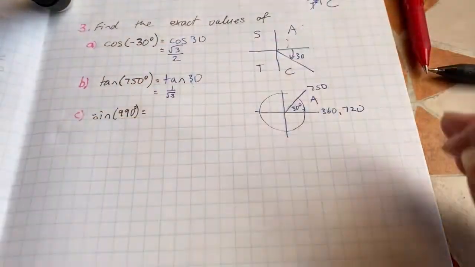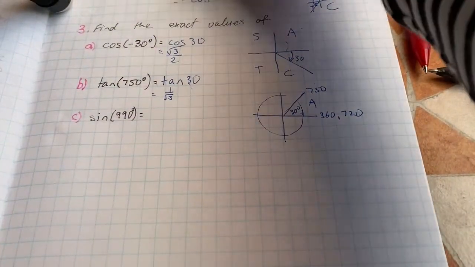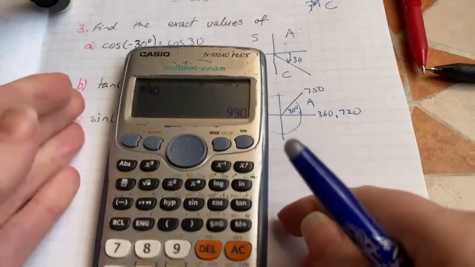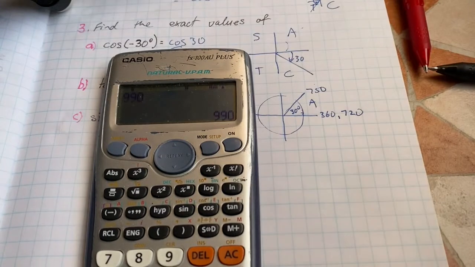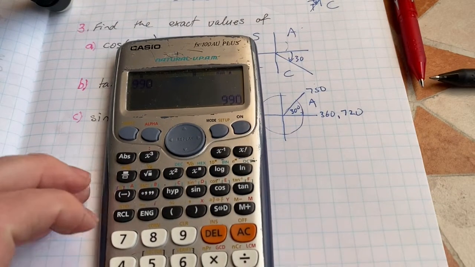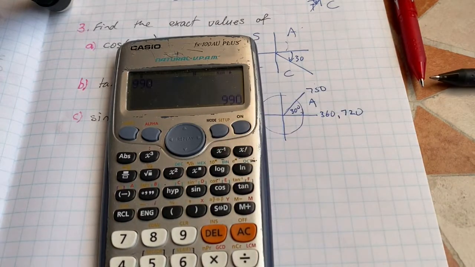Okay, so here's a similar one, sine of 990. So often what I do for this type of question is I put the 990 in my calculator and I start subtracting 360. So I've put 990, I've pressed equals, now I'm just going to go minus, which will give me answer minus 360. And I'm at 630, it's still more than 360, so I press equals a second time. I'm down to 270.